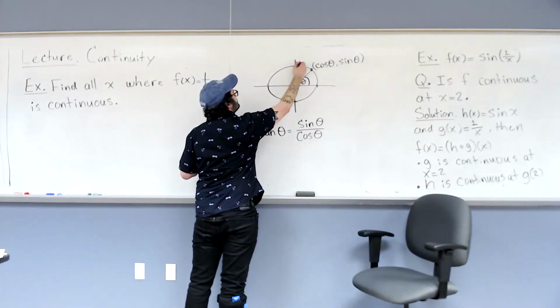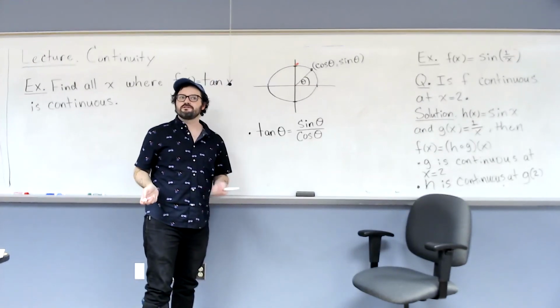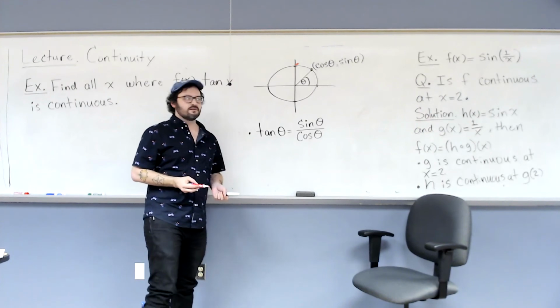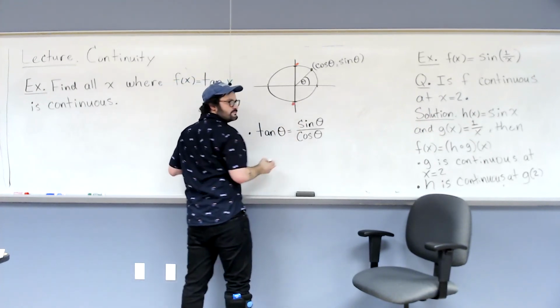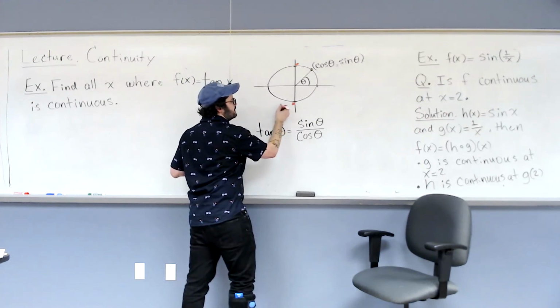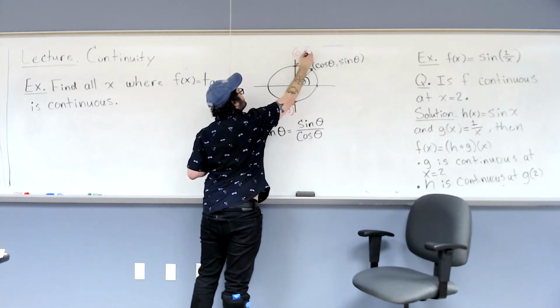So where would those problem points be? Right here, right? That point is going to have x equals 0, y equals 1, right? And then also down here. This is the point 0, comma minus 1. This is the point 0, comma positive 1.